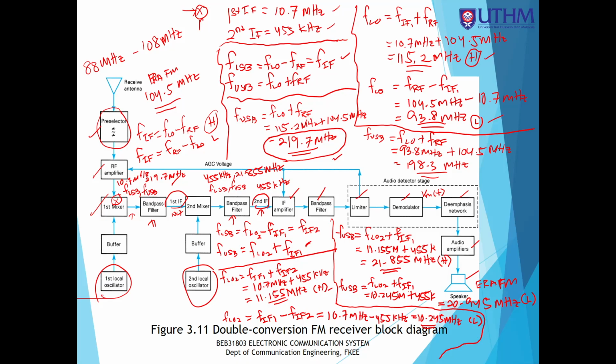The lower frequency is the intermediate frequency that we want, and the upper frequency is the one we don't want. I already showed you what happens if we use high side injection or low side injection. High side injection and low side injection are just to determine the value of the local oscillator frequency.